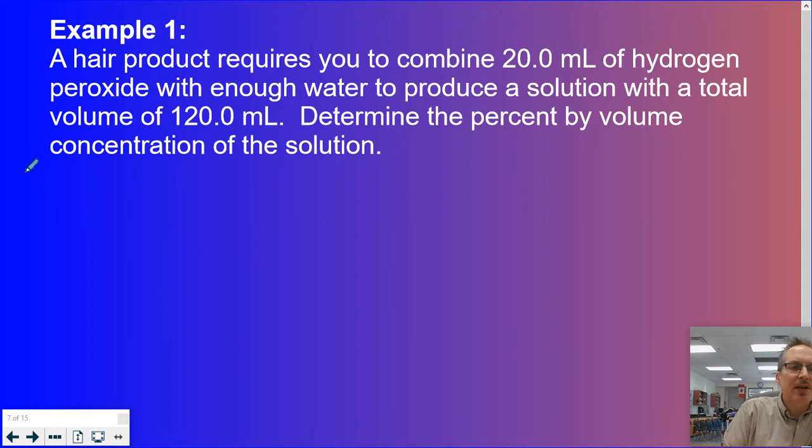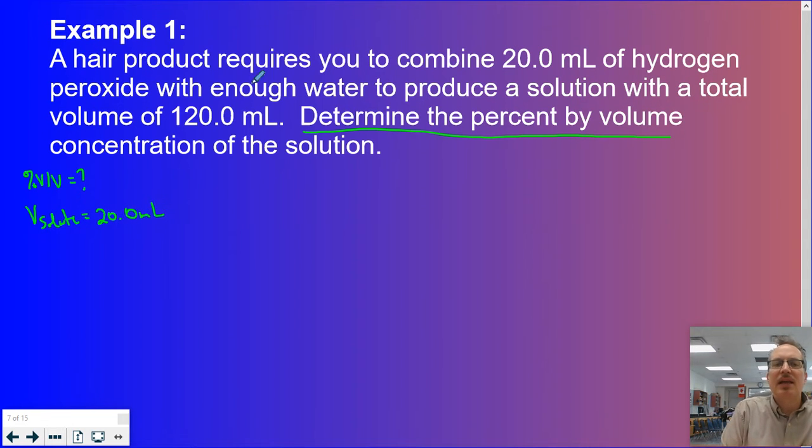So we already know we are going to find percent V over V because they would like us to find the percent by volume. When I read the question, V solute, the substance I'm going to be dissolving, is 20 milliliters of hydrogen peroxide, into enough water to produce a solution with a total volume. So that is my V solution.